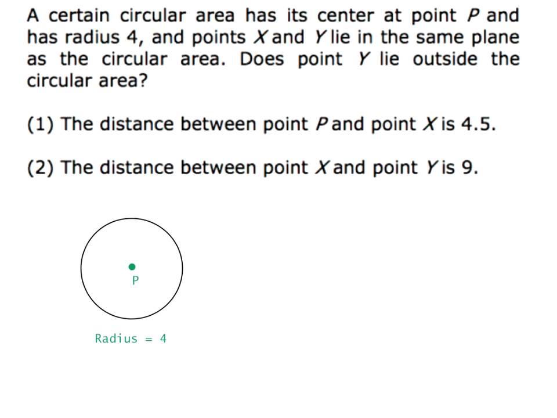So in statement 2, notice that they don't relate any of these things to the circle. So these could be, as far as goals, let's back up. Let's translate. A yes is Y inside the circle, and a no is Y outside the circle.